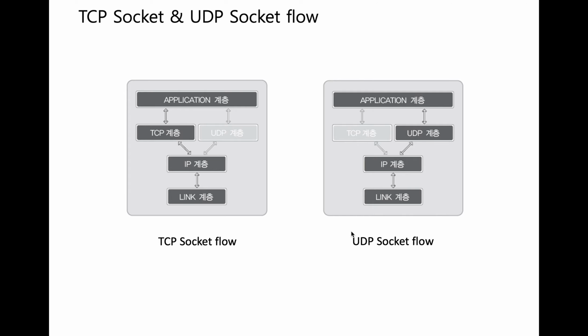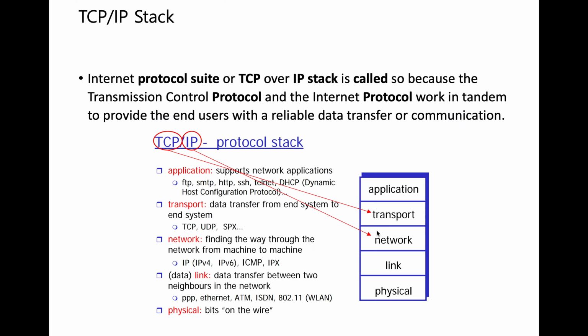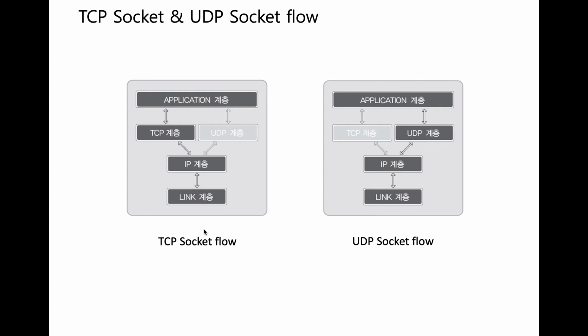If you take a look at the TCP and UDP that are located on the transport layer, the TCP/IP stack provides us the two protocols that are commonly used in the internet, which are TCP and UDP. When you're working on your computer and specifying the TCP socket, the flow will look like this.